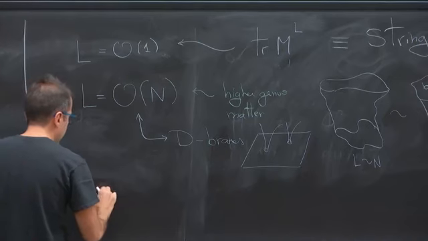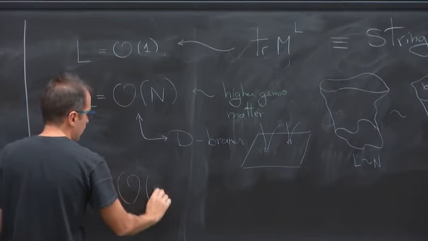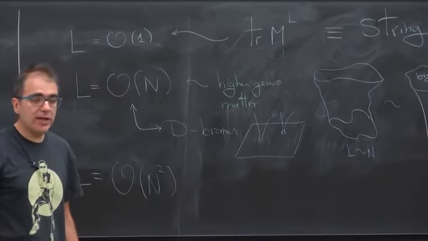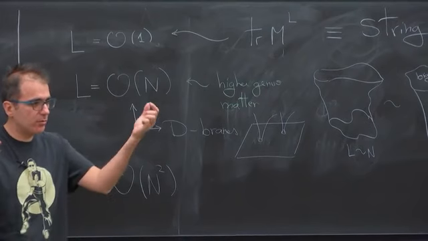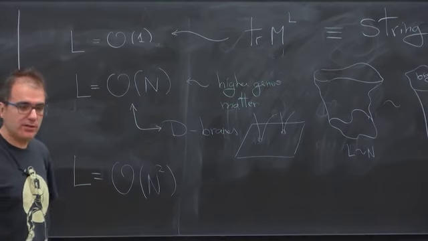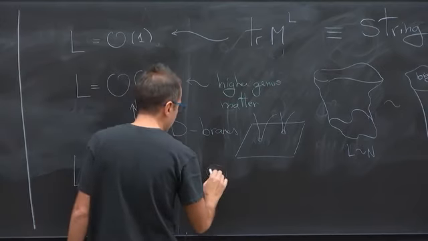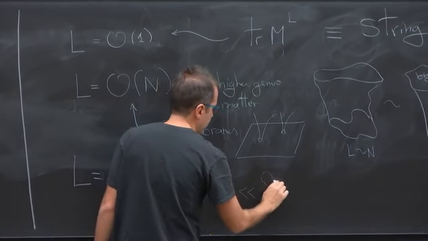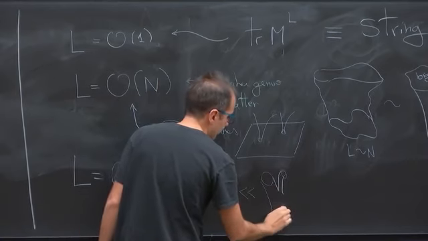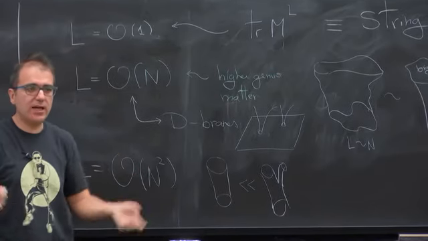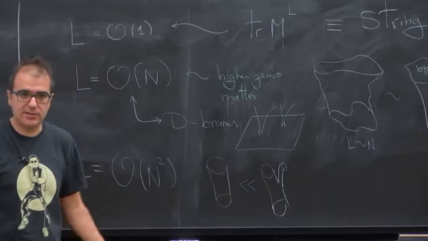And what if L is of order n squared? Well, now the higher genus dominates. You want to produce strings. It's the few strings that are suppressed. Now, this diagram is much smaller than the diagram where you emit stuff, because there are so many options to choose from when emitting stuff, and higher genus are enhanced.